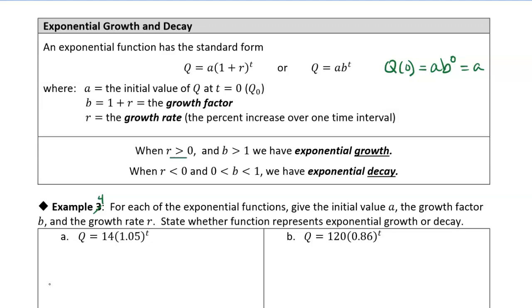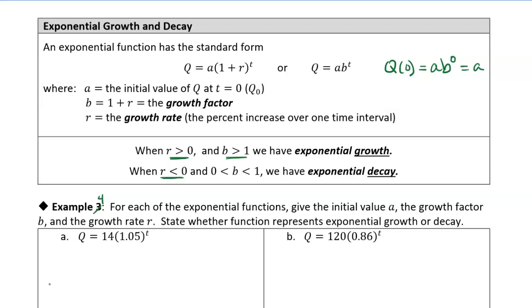And if the r value is positive, that means b is greater than 1, and we have exponential growth. So the quantity is increasing over time. It's an increasing function.